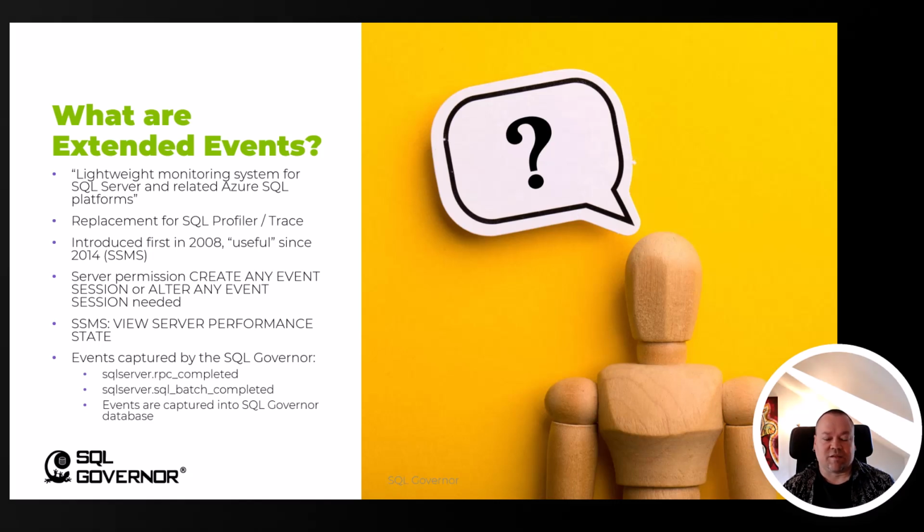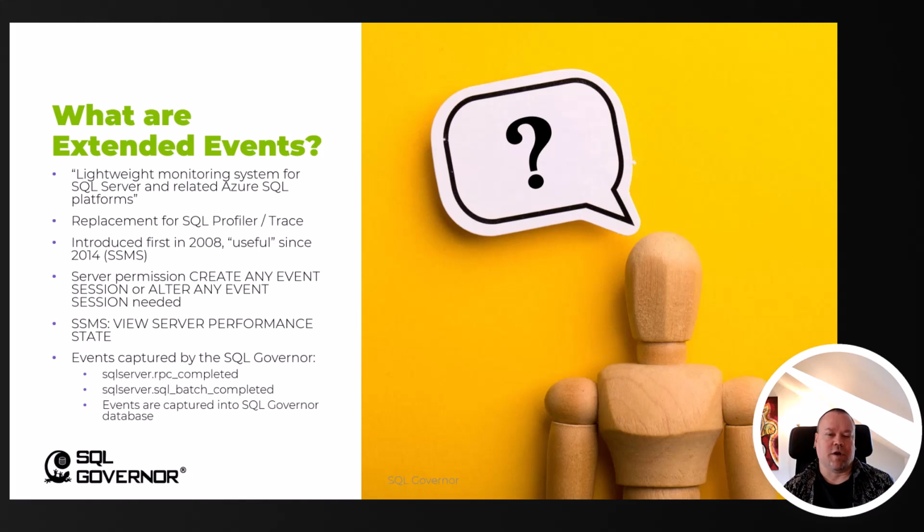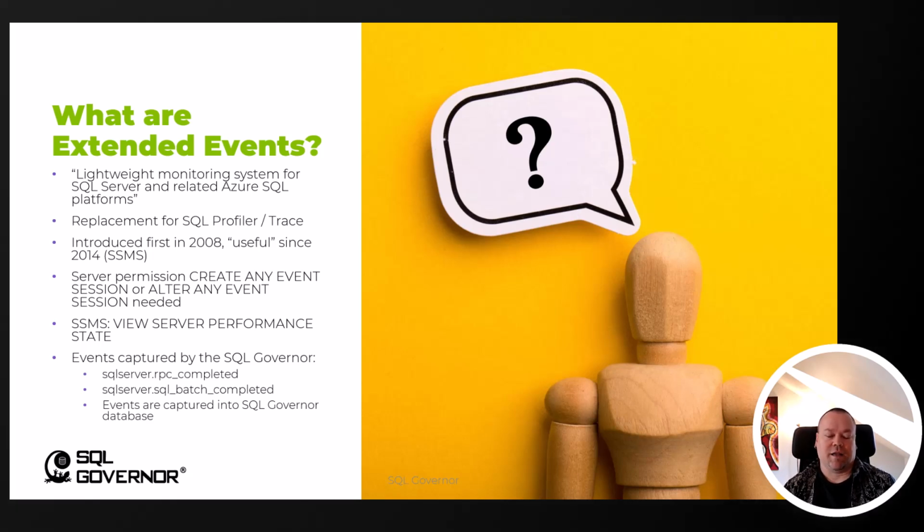So instead of using DMVs, you're able to use these extended events and cherry pick only those events you want to listen to, and only those columns, those fields that you want to select from the events, and then filter out only those perspectives of those events that you want. And then you can select the target where to save this information, and you're good to go. Then it just collects the information that you have decided in your collector.